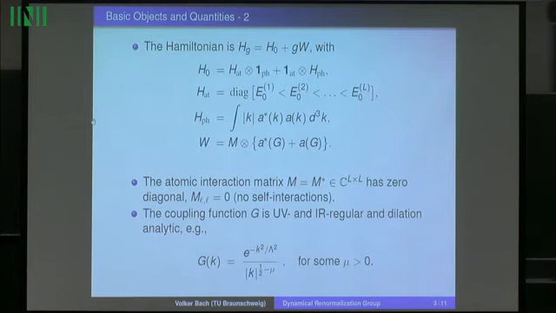And then we have creation and annihilation operators again here, where G is the function specified below.